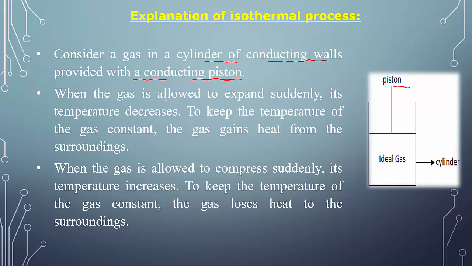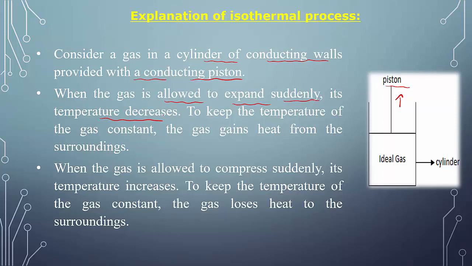So first point, when the gas is allowed to expand suddenly, it means the piston we can take out of the cylinder. When the piston is moving outside the cylinder, the gas is expanded suddenly. So when the gas is expanded suddenly, its temperature decreases, because when a gas is expanded, volume increases, pressure decreases, heat is released.